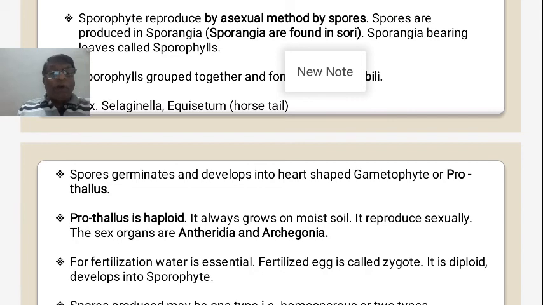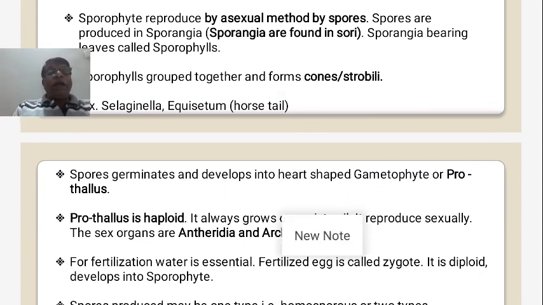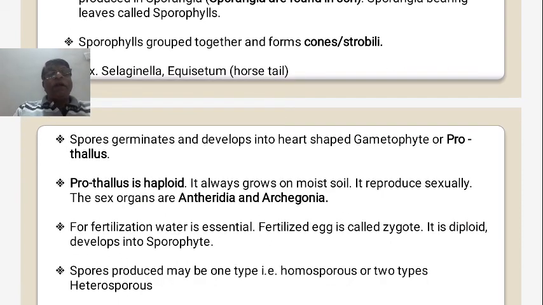Zygote is diploid. This diploid zygote divides and redivides and ultimately forms what is known as sporophyte. Okay. Any confusion?